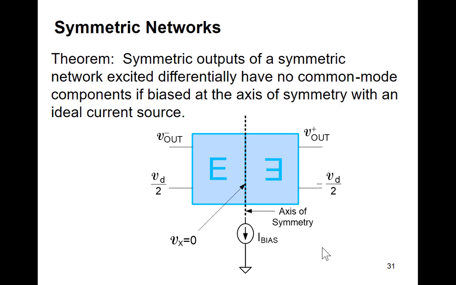So what do I mean by common mode component? Let's assume I put in a common mode input. Instead of having VD and minus VD, I have the same voltage on both sides. What would happen if I take a circuit here, bias with a current source, and have these voltages go up together or down together?